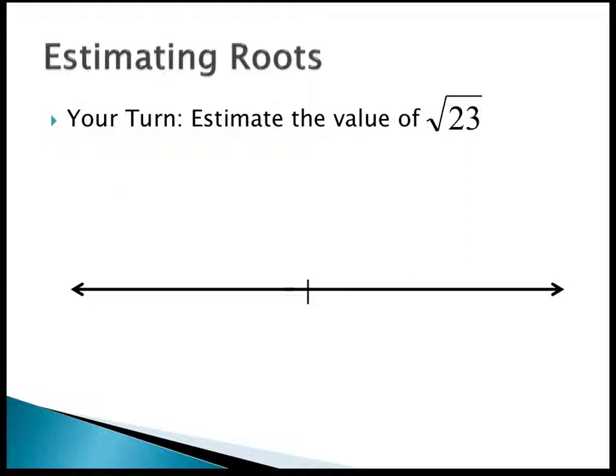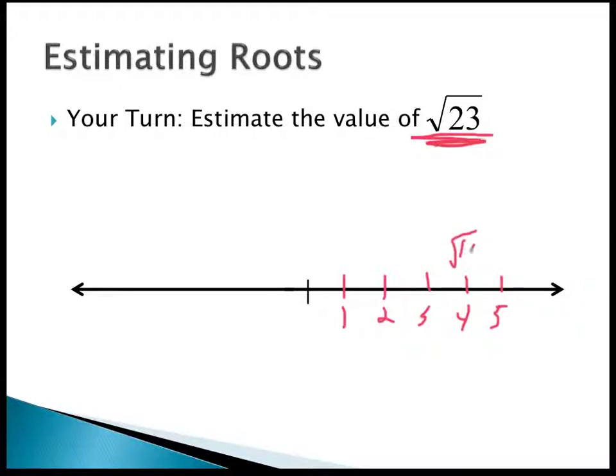It's your turn again, so please pause the video now. Okay, welcome back. Now you are asked to estimate the value of the square root of 23, so we need to place that on the number line. And we're going to need to know what the perfect squares are that are around that.